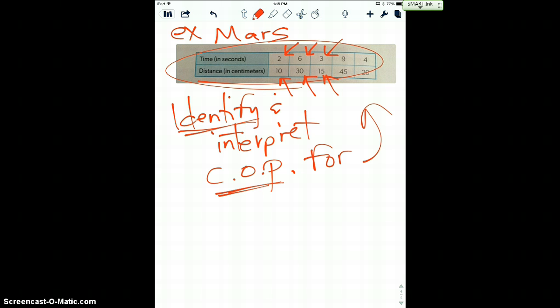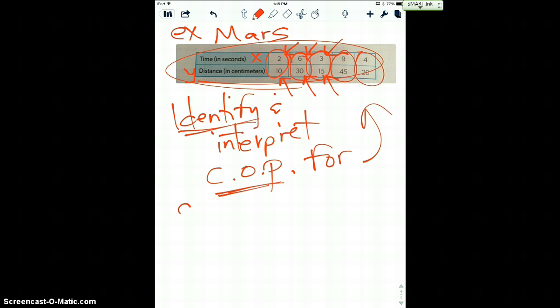Okay, so if it's proportional, the ratios between x and y here, my x-y pairs, are equivalent. The ratios here that I see are supposed to be equivalent to each other. Do you agree? Well, let's check it out.